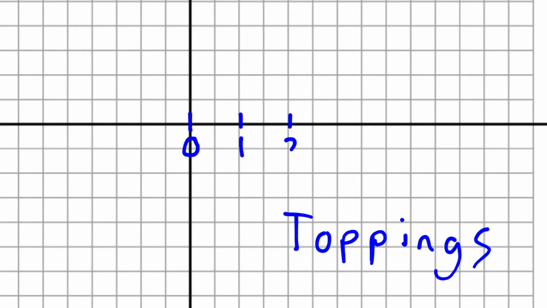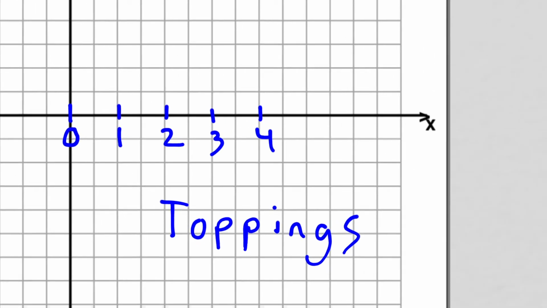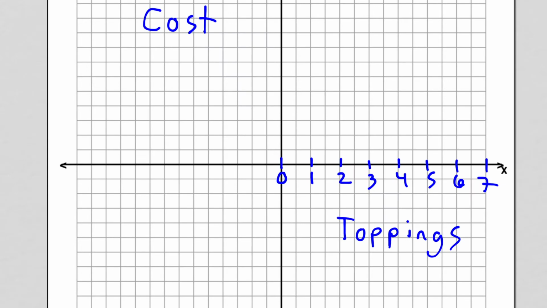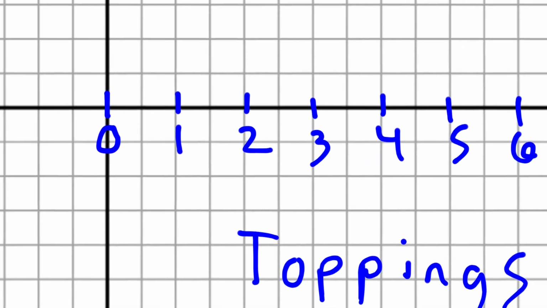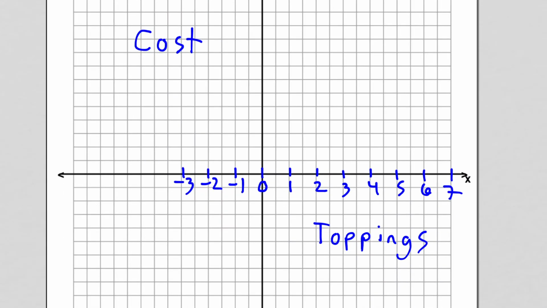We'll go 1, 2, 3, 4, 5, 6, 7. Now I didn't show you this last time, but we have to start the graph here in the positive area, because if we go here, that's -1, -2, -3, and so on. You can't have negative toppings on a pizza.